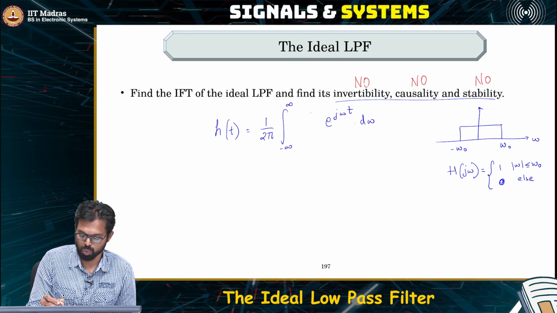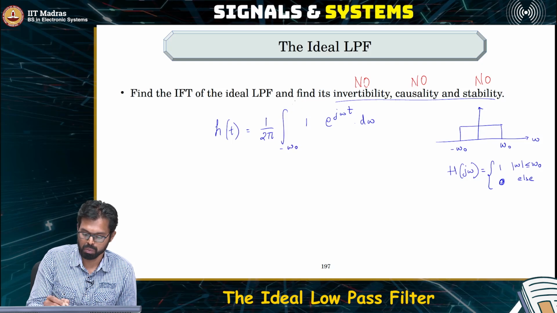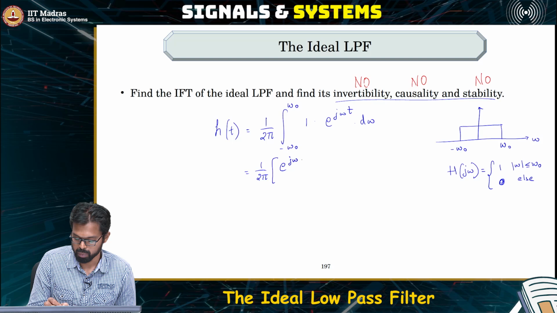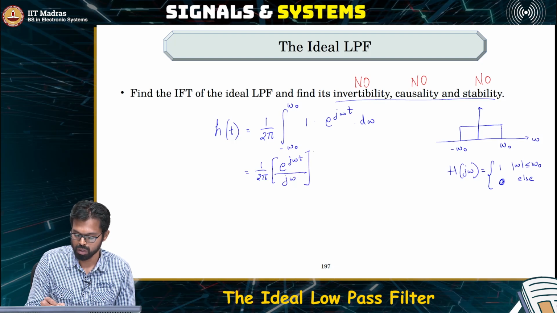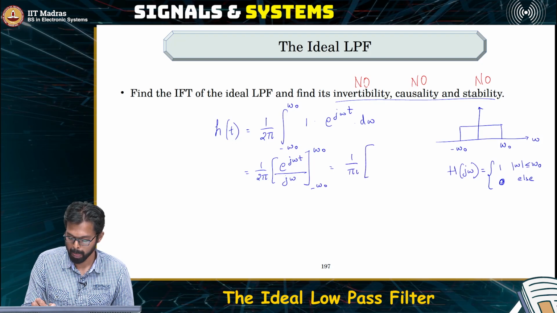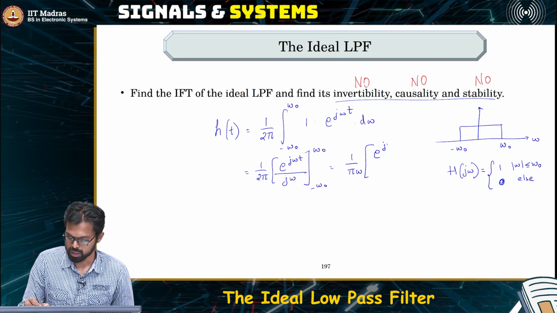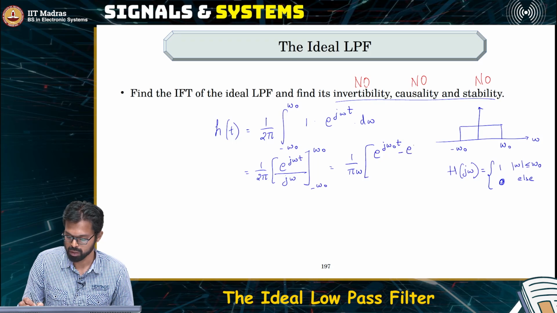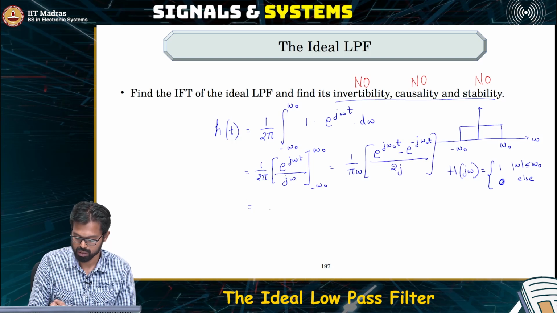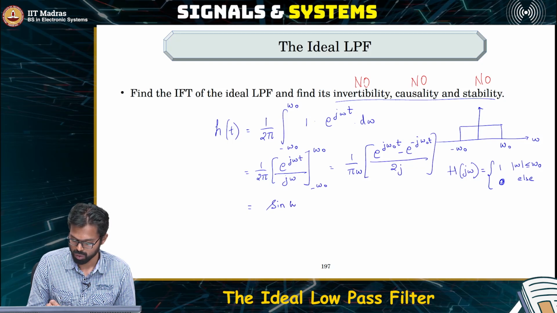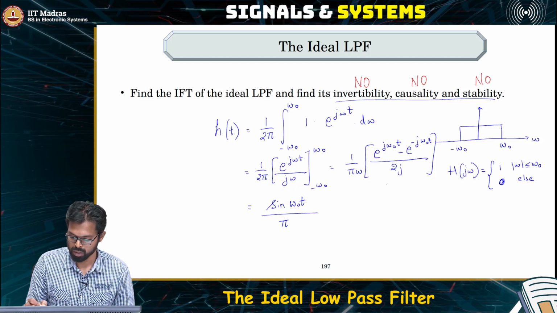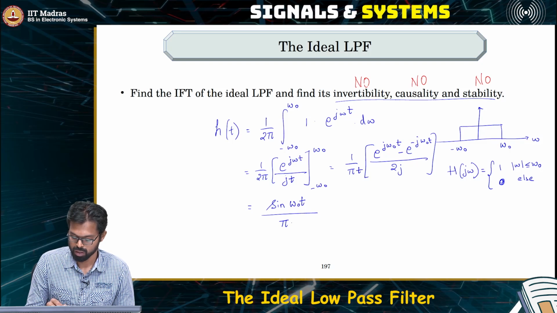So this is just 1 between minus omega naught to plus omega naught, and this gives us 1 by 2 pi e power j omega t divided by j t, from minus omega naught to omega naught, which gives us 1 by pi t times e power j omega naught t minus e power minus j omega naught t divided by 2j, which is sine omega naught t divided by pi t.